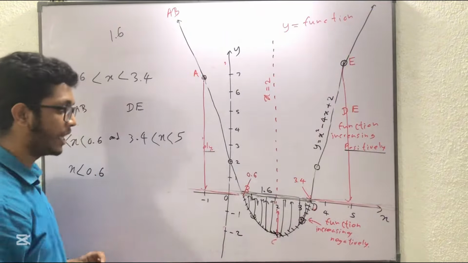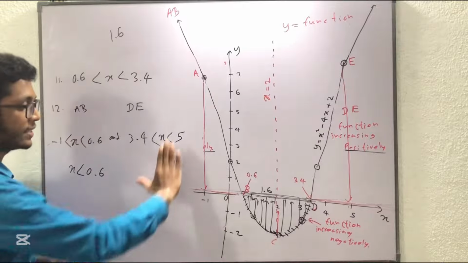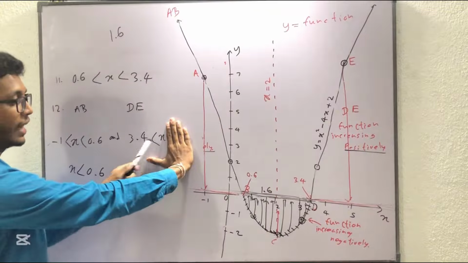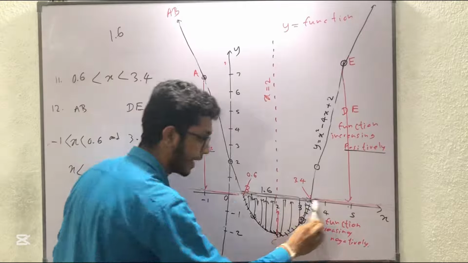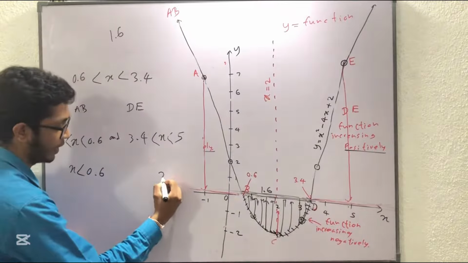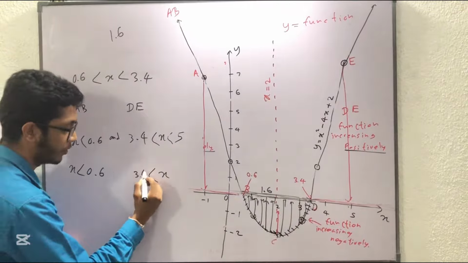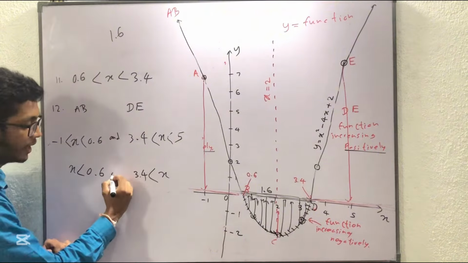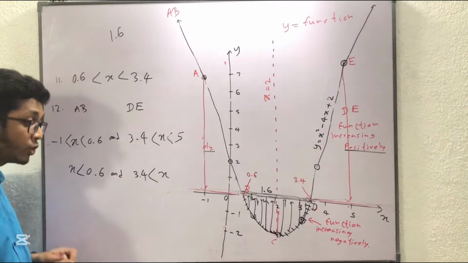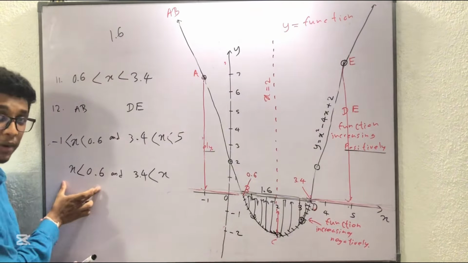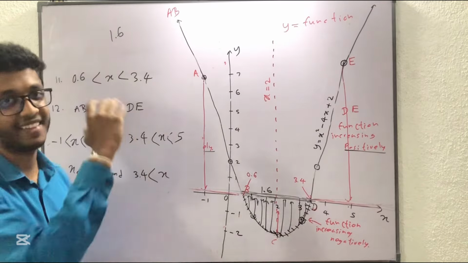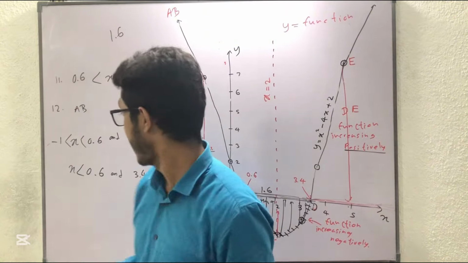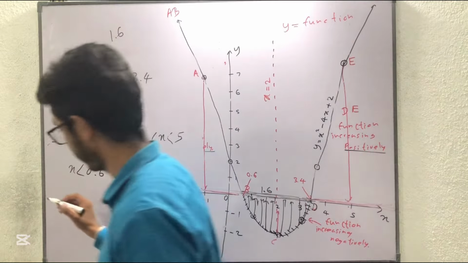So we can write that inequality by ignoring this 5: x greater than 3.4. And in between we put 'and' because we have two x value ranges, x less than 0.6 and x more than 3.4. That is the answer for question number 12.